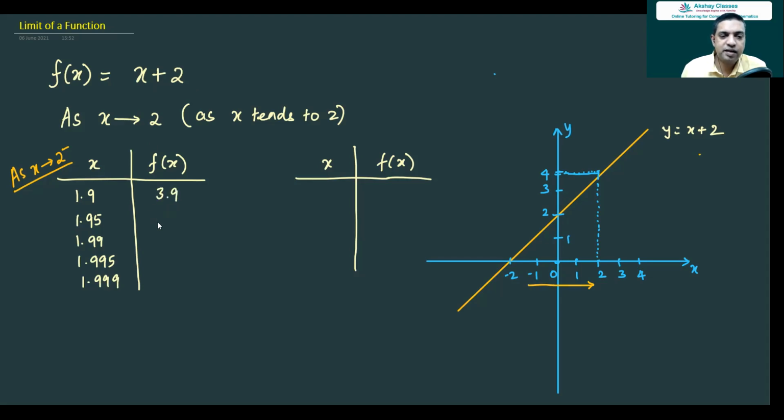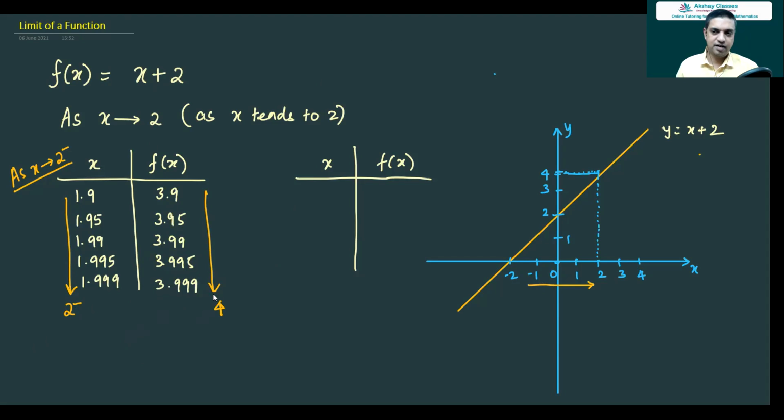It becomes 3.9, 3.95, 3.99, 3.995, 3.999. That means as x is approaching 2, f of x approaches the value 4. This is 2 minus, so these are also values slightly lesser than 4.